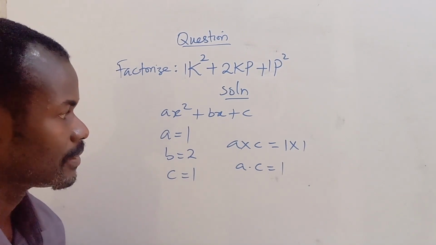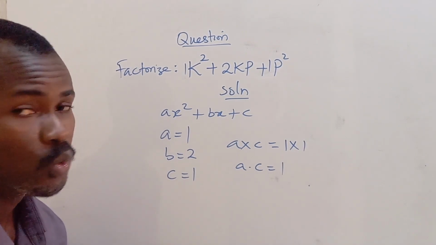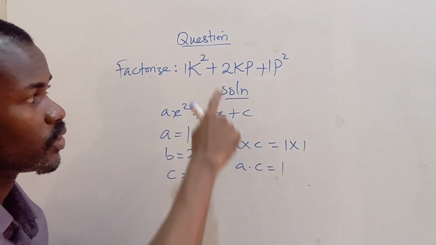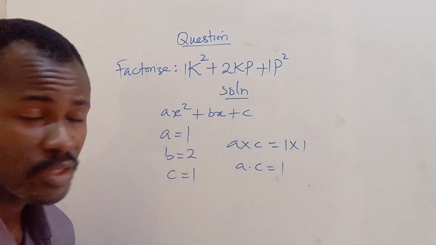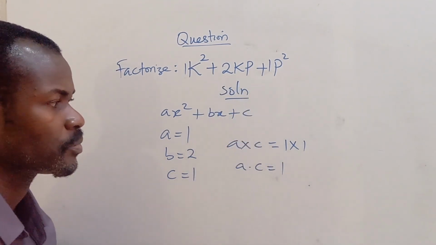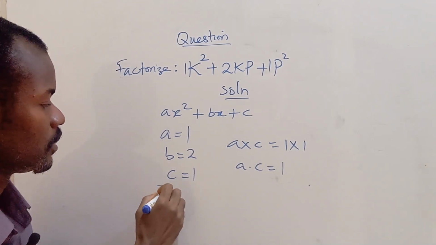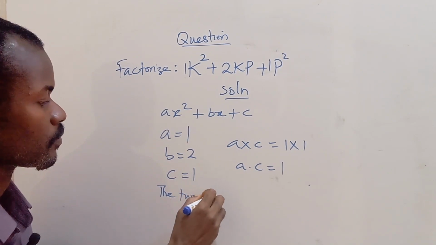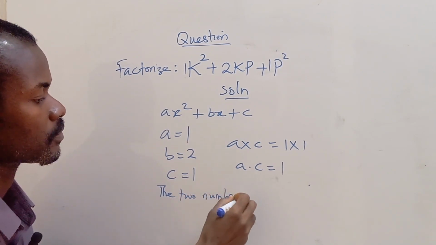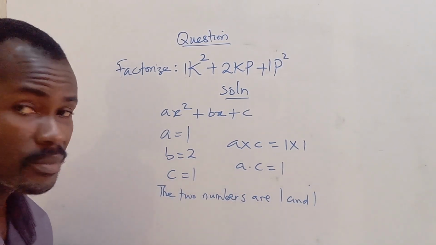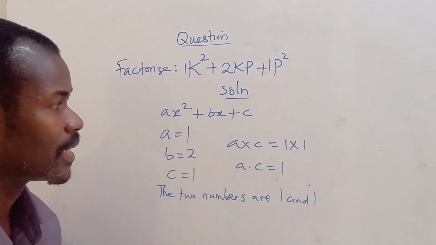Now, having gotten this, we want to look for two numbers that when you sum them, it's going to give you 2, and when you multiply them, it's going to give you 1. The two numbers are very simple. The two numbers are 1 and 1.